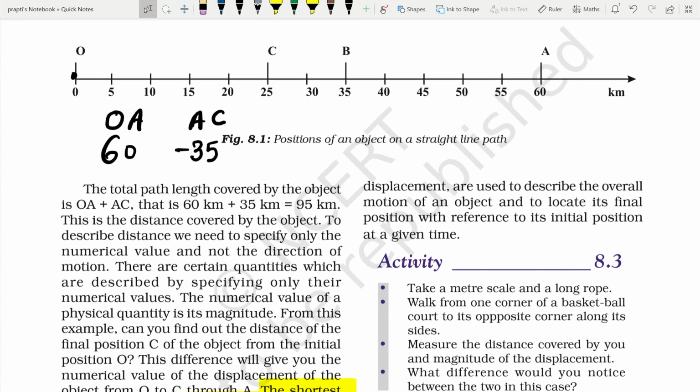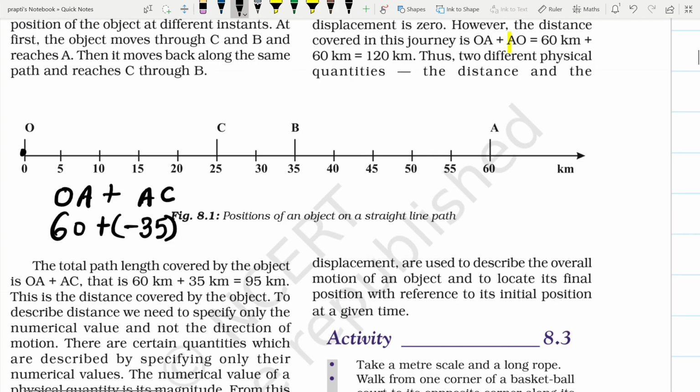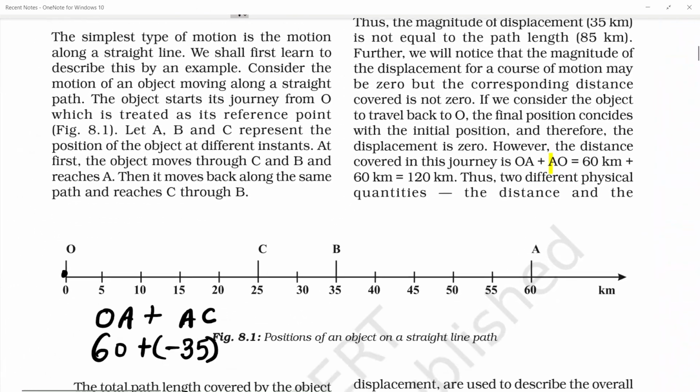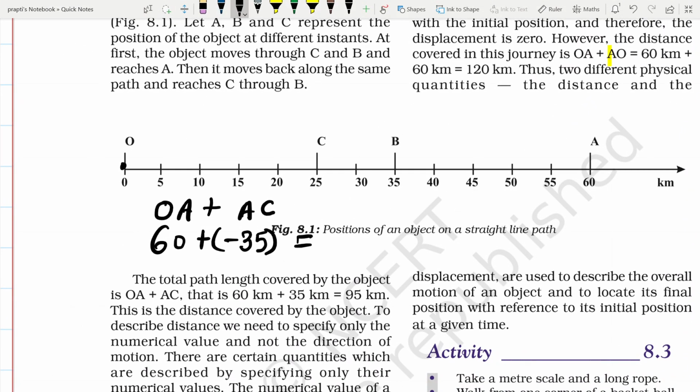And now if you add this, what you get is 35 kilometers, which is called displacement.